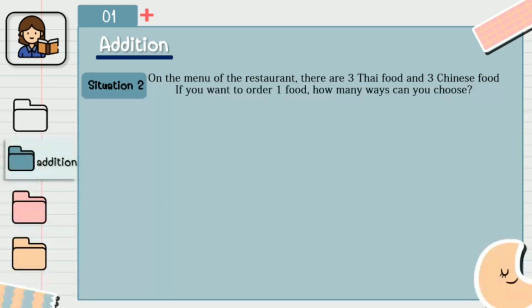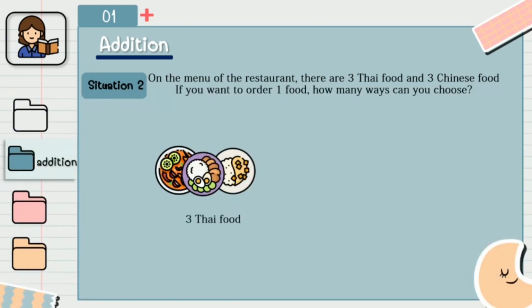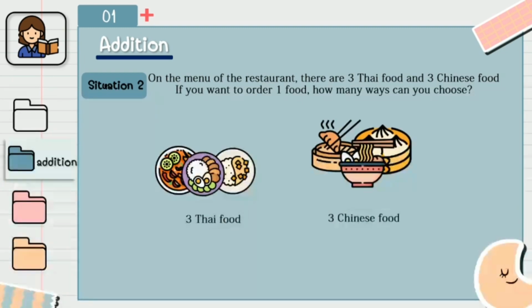From the situation, it can be seen that there are 3 Thai foods and 3 Chinese foods. So there are a total of 1, 2, 3, 4, 5, 6. There are a total of 6 ways to order.